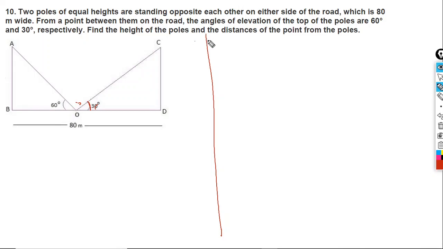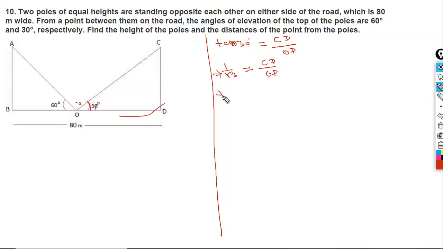Now tan 30 degree is equal to CD by OD. CD by OD implies, the value of tan 30, you know, 1 by root 3, is equal to CD by OD.